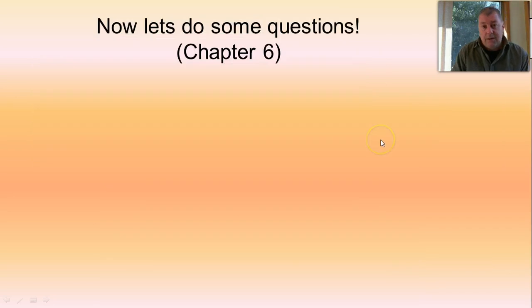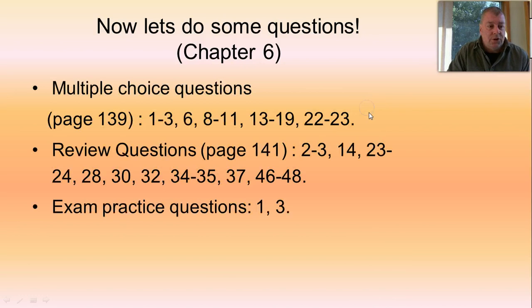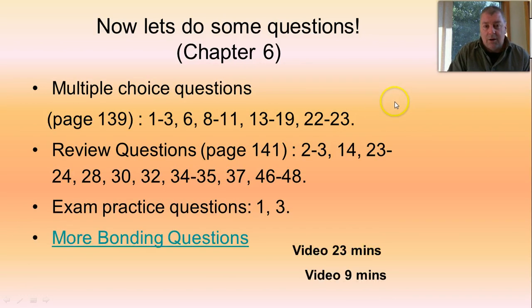So that's the end of all the theory and me talking. Now you've got to do all these questions in chapter 6, and I'll give you some more bonding questions, and we'll probably watch a video in class, and I'll probably get you to watch that one yourself. I'll put that on the OneNote.